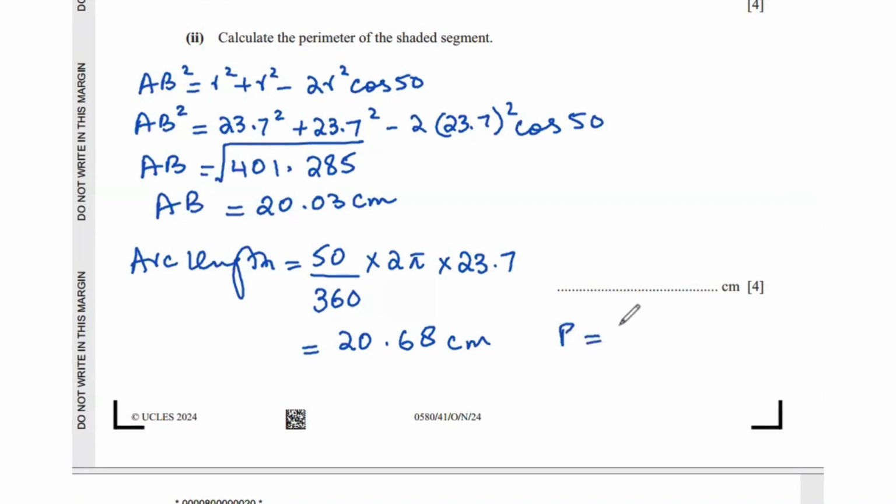So the perimeter is going to be the sum of these two, and that is going to give us 40.71 centimeters. That is your perimeter of the shaded segment.